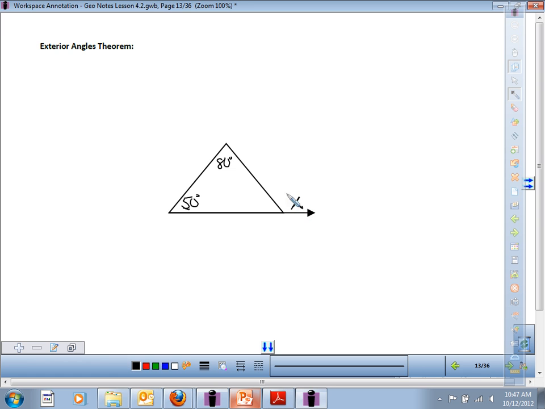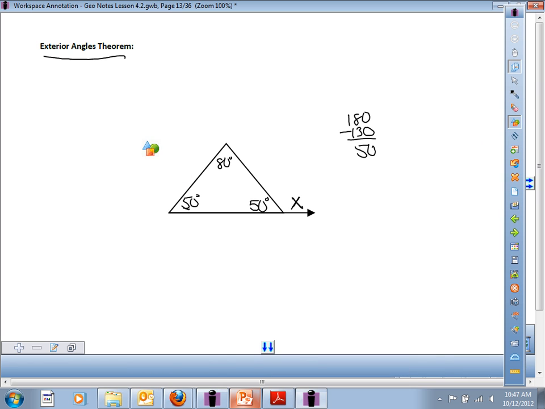Well, there are two ways to do this. We could go a roundabout way, or we could use the exterior angles theorem. Now the roundabout way would be to say, all right, well, since this is 80 and this is 50, this guy over here has to be, well, 80 plus 50 is 130, so we'd have to take 180 minus 130. That would give us 50, but that gives us this angle right here. Okay. Now we're going to go back in time.